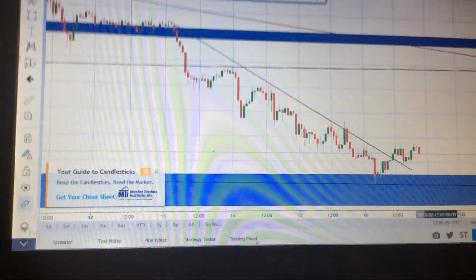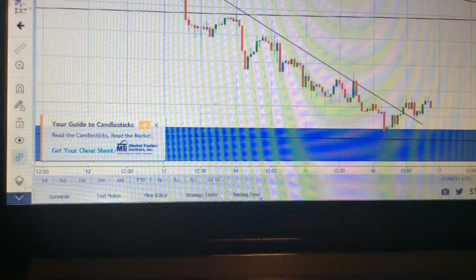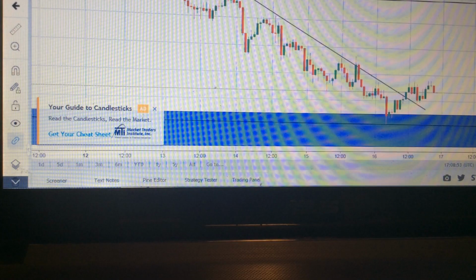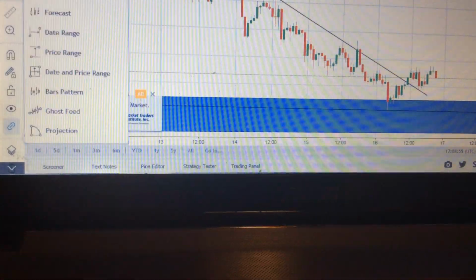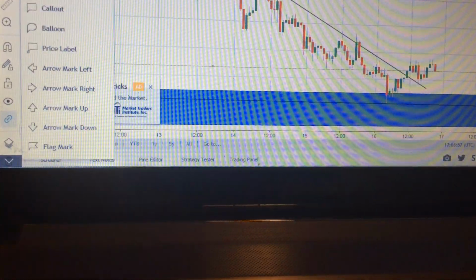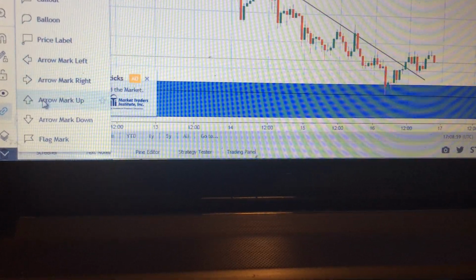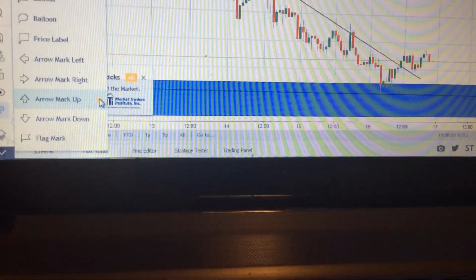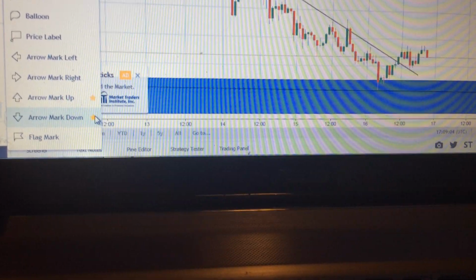So let's go higher lows. Let me see if I can do a higher high and higher low kind of arrow. Okay, so let's see. So that's a lower low.